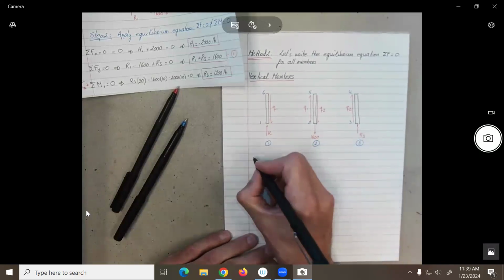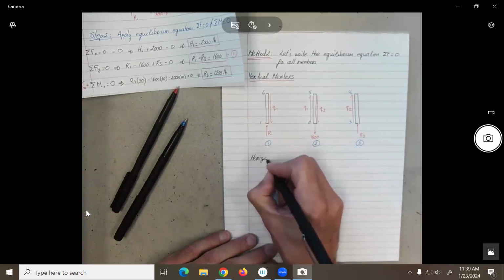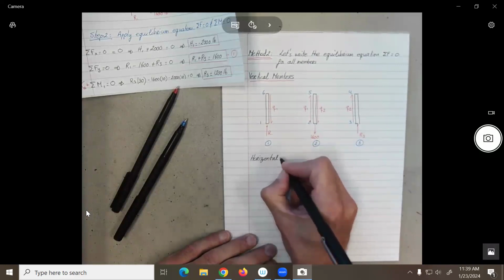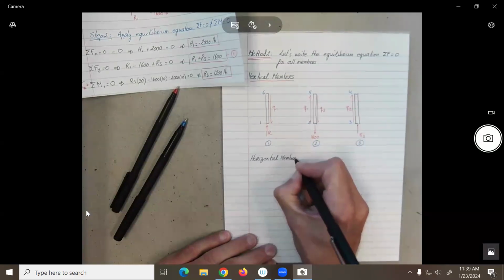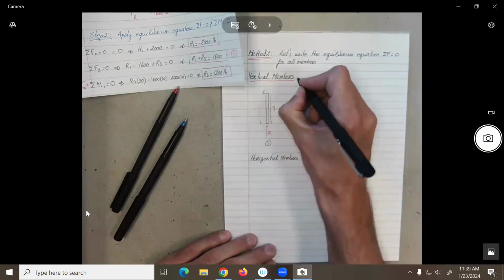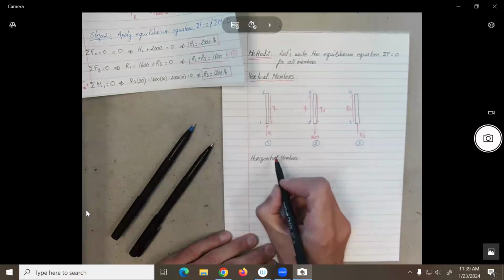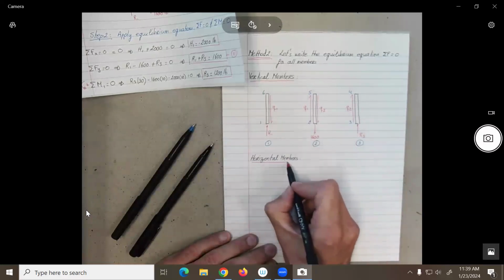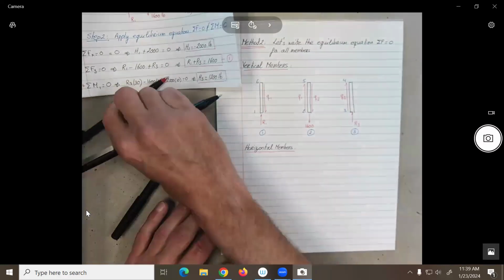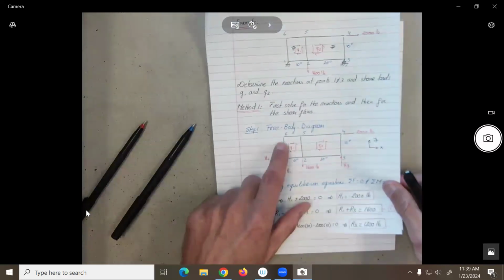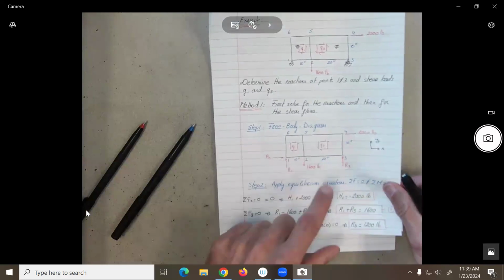And now let's look at the horizontal members. Okay, so what would be the two horizontal members? Should be 654 and 1 2 3.